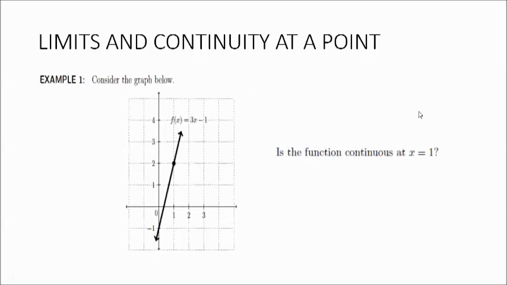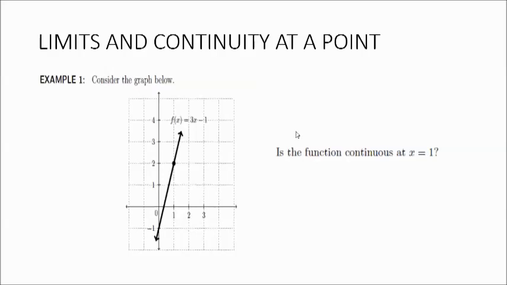Like for example, this one, example number 1 natin. So given lang tayo ng graph class. So yung function natin is 3x minus 1. Okay, so this is linear. So is the function continuous at x is equal to 1?